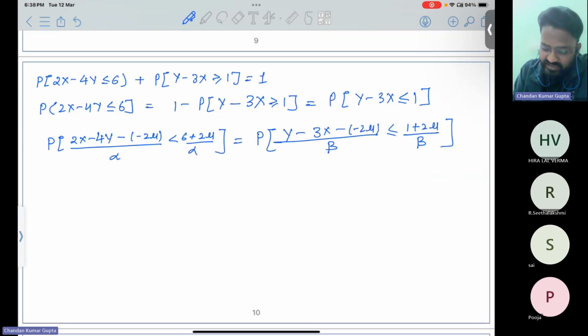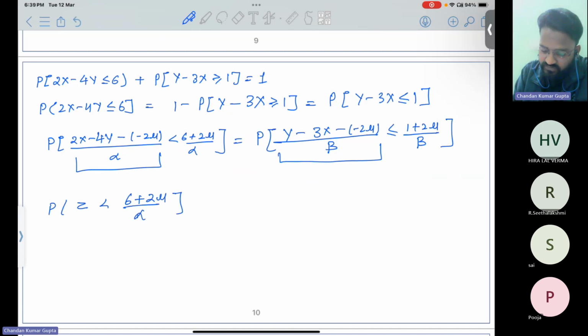Again, it is z, a standard normal variate. So probability that z is less than 6 plus 2 mu upon alpha equals probability that z is less than or equal to 1 plus 2 mu upon beta.